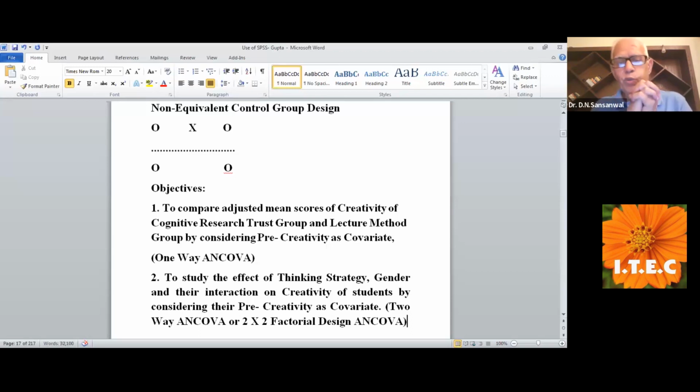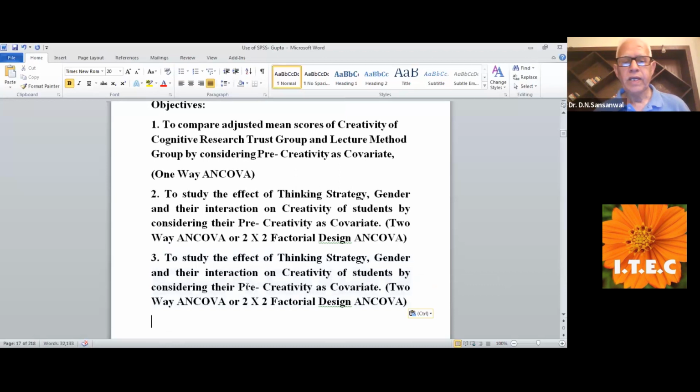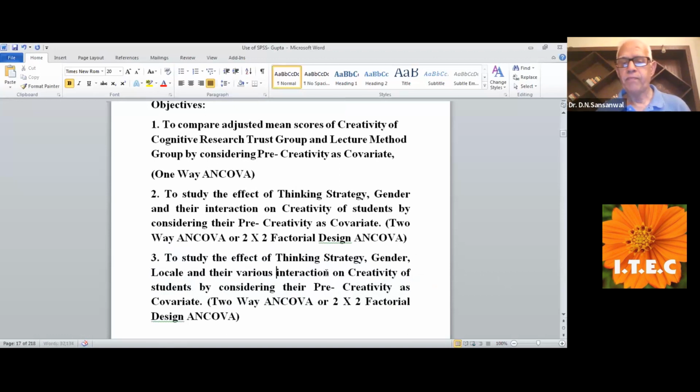So these are the two names which you should understand. I can have another one. To study the effect of thinking strategy, gender, locale, and their various interactions on creativity of students by considering their pre-creativity as a covariate.